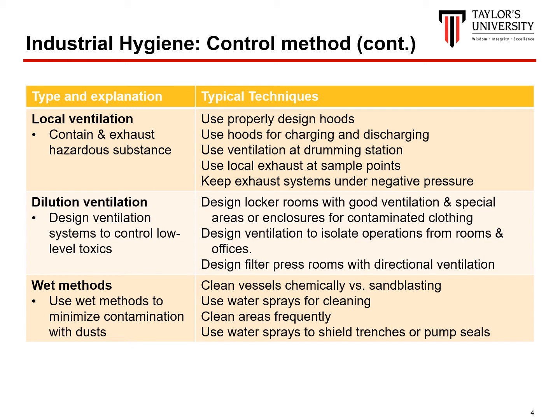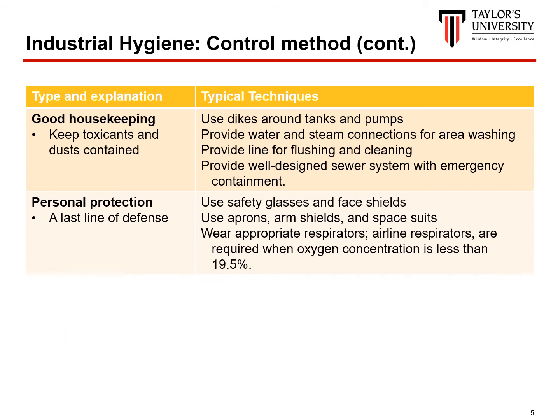Another method is what we call the wet method, mainly used to minimize contamination with dust. Of course, good housekeeping is another control method to reduce and keep toxicants and dust contained. And of course, the last line of defense is the use of personal protective equipment, the PPEs.